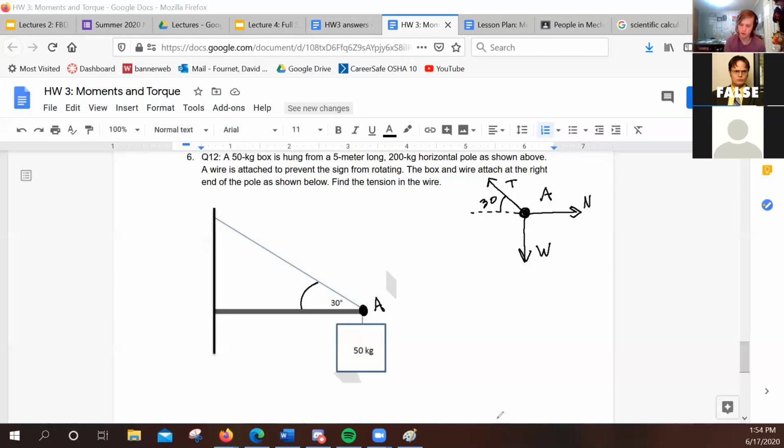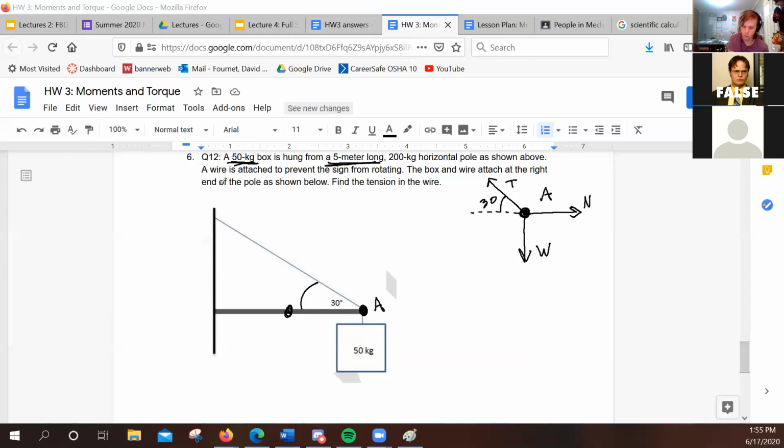So this is our free body diagram. We got that done. So now what we're looking for is, we know it's a 50 kilogram box. It's hung from a 5 meter long, 200 kilogram horizontal pole. So it's actually saying that this pole also has some weight, which is going to be important because that means we're going to have two weights. One will be centered here.